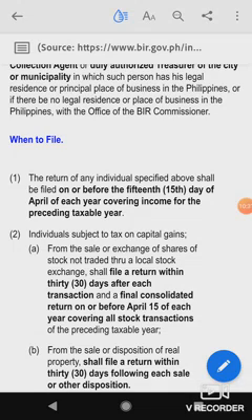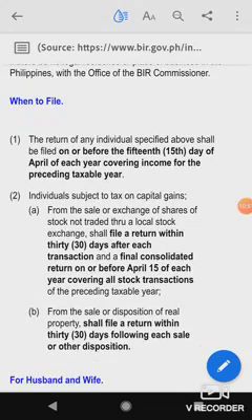When to file? Number 1, the return of any individual specified above shall be filed on or before the 15th day of April of each year. This will cover income from the preceding taxable year. So the preceding taxable year is a year to come.